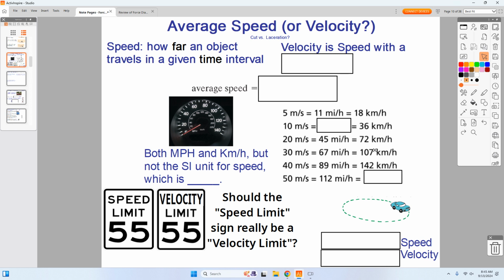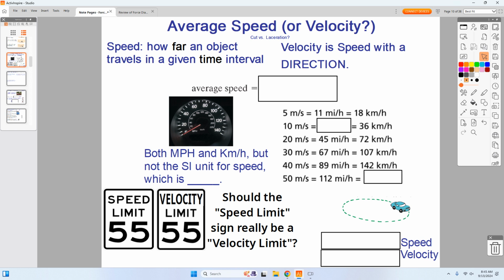So average speed or velocity. Speed is simply how far an object travels in a given time interval. Velocity is essentially speed, but with a direction. They're not much different, except that velocity includes direction. This morning I'm driving in from my home. I live north of town, so I'm driving down US 31. My speedometer is reading 62 miles per hour.